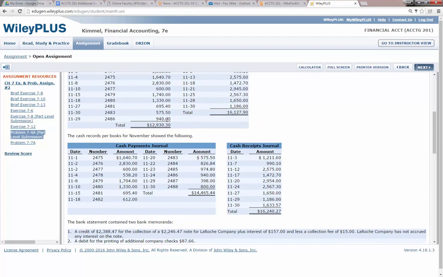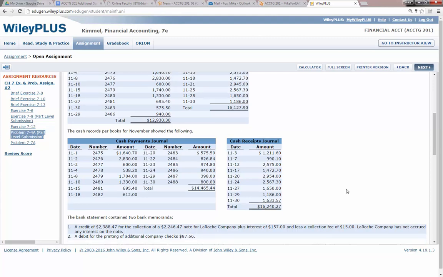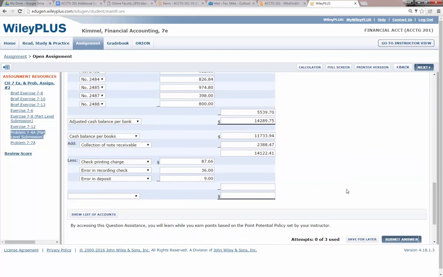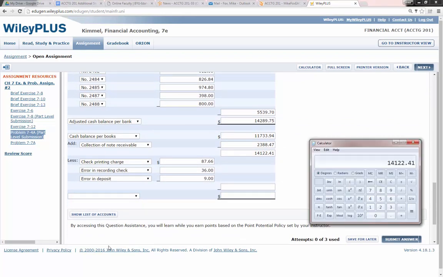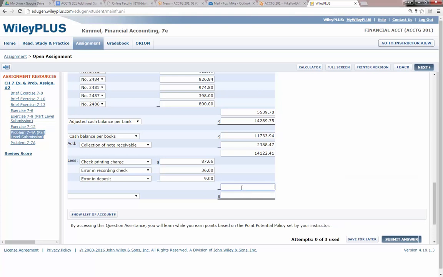Here we had $17.04, $17.40, $36 different. So that's correct. So we're subtracting that as well. So we have $87.66 plus 36 plus 9 gives us $132.66.